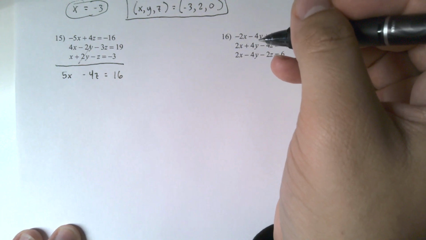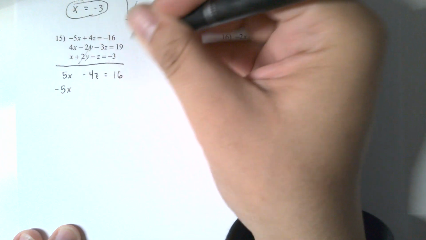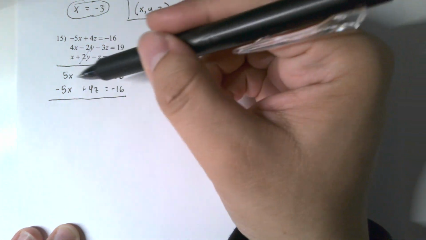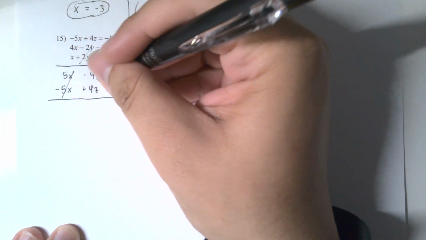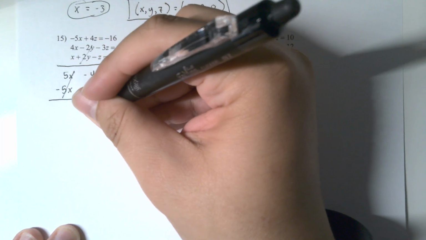Okay. And we already have this top equation here. I'm going to write it right below what we just had. Negative 5x plus 4z is equal to negative 16. And hey, would you look at that? If I add these two equations together, the x's cancel, the z's cancel, we get 0. But then we have 16 minus 16, and we also have 0.